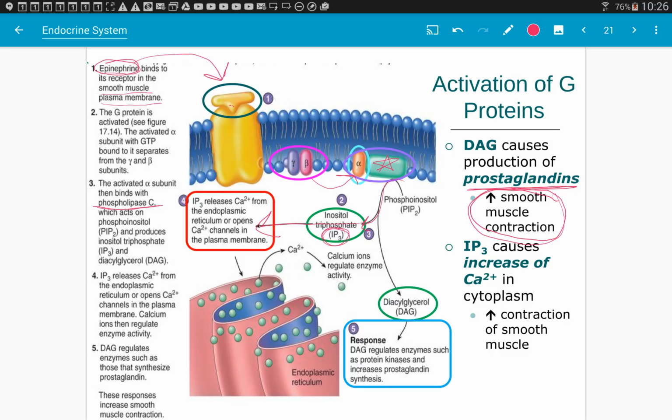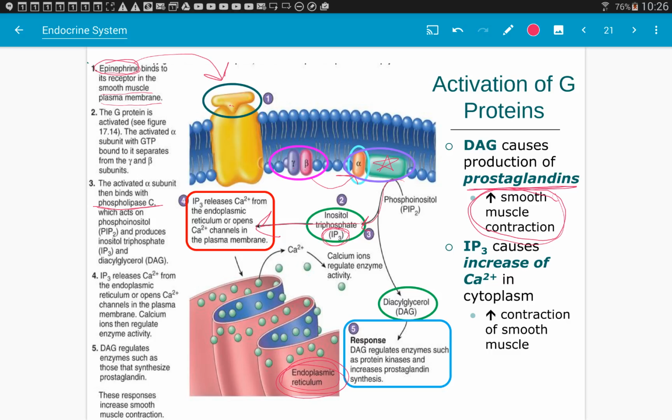Calcium binds to a little special thing on the troponin tropomyosin complex, causes it to shift so that the myosin can actually attach. So calcium is really important in muscle contraction.